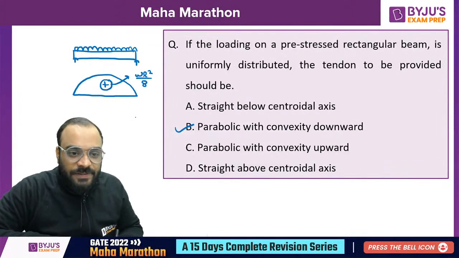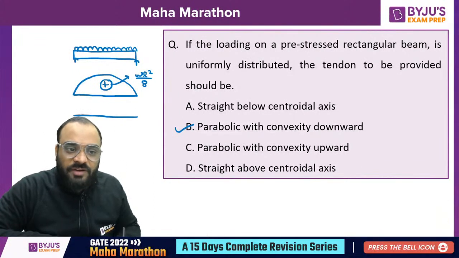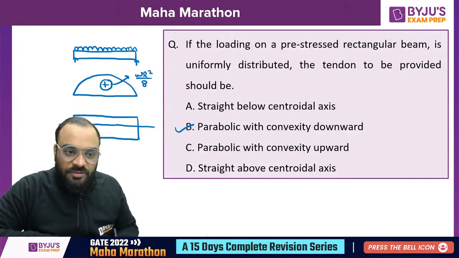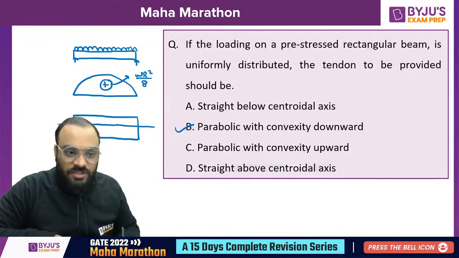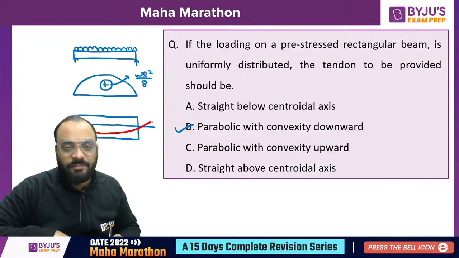Now, whatever shape of bending moment diagram you are getting, just make a mirror image of it so that you can provide the cable as per that condition. So the cable should be like this, which is the mirror image of the BMD.